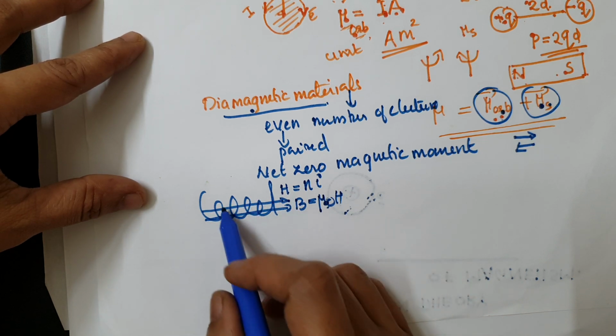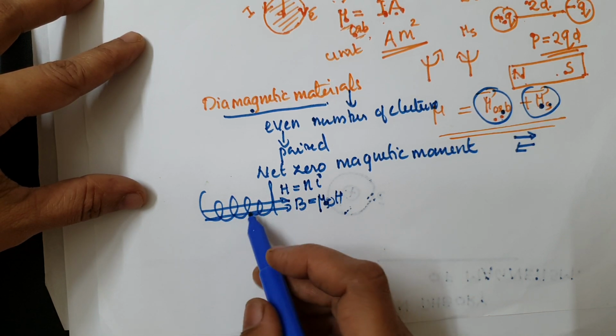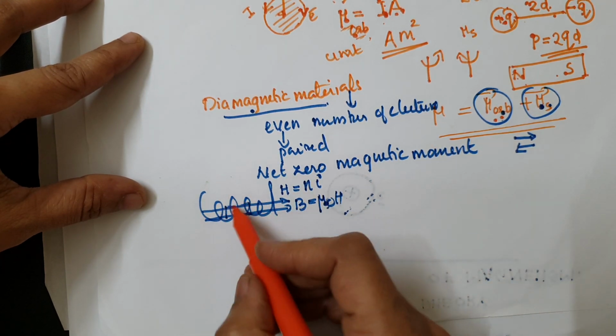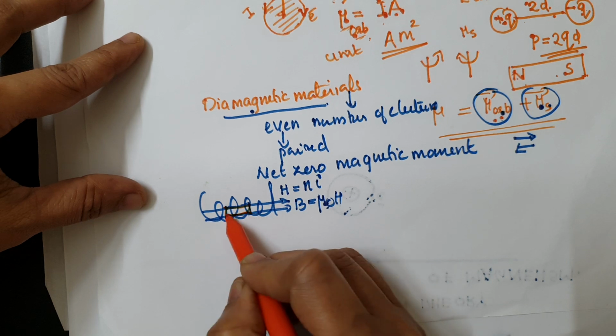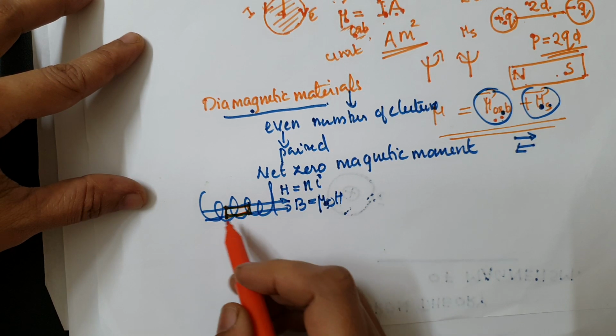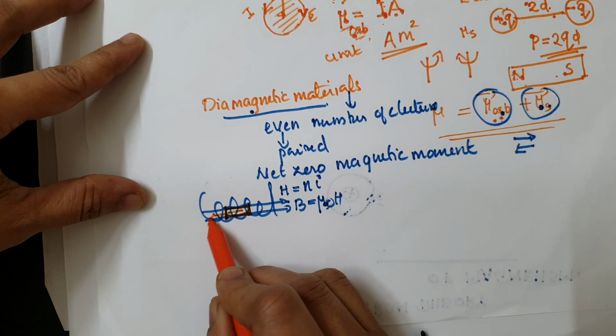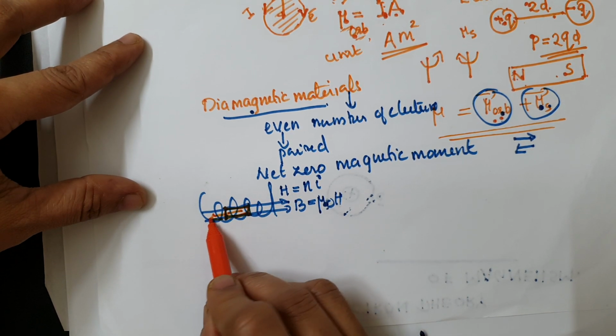So here there is an external field, and when a diamagnetic material is introduced into this, it has a magnetic moment which is aligned in the opposite direction.